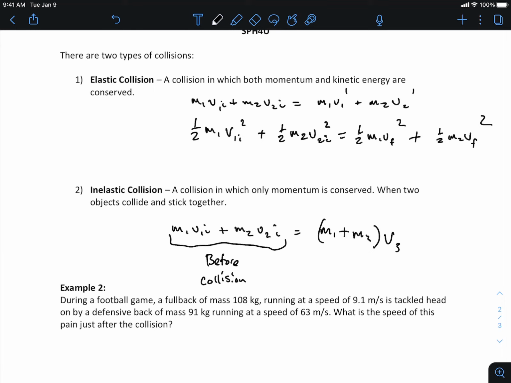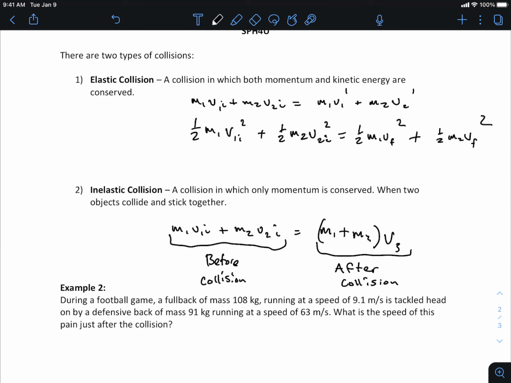That's what would happen in an inelastic collision after the two objects have collided and stuck together. You add the two masses because they've stuck together, and now they move off at some new velocity V3. Remember, velocity is a vector, so you have to include directions. We didn't really do that above, but the question was in one dimension.